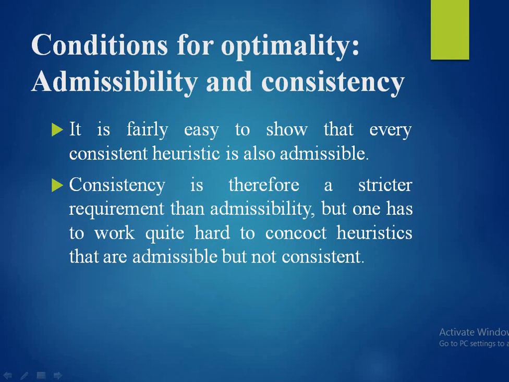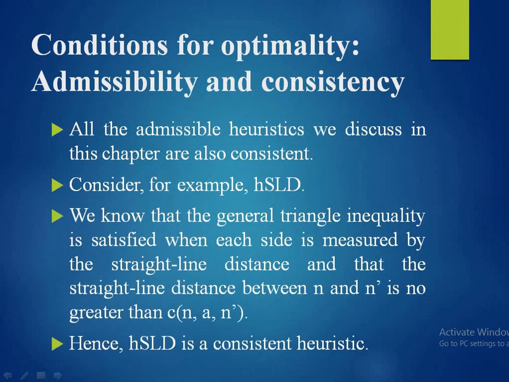Consistency is therefore a stricter requirement than admissibility. But one has to work quite hard to concoct heuristics that are admissible but not consistent. All the admissible heuristics we discuss in this chapter are also consistent.